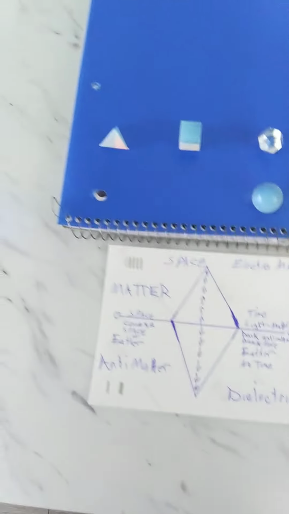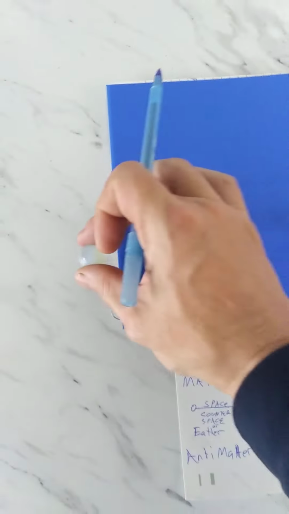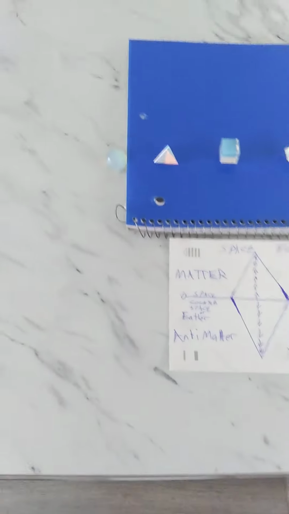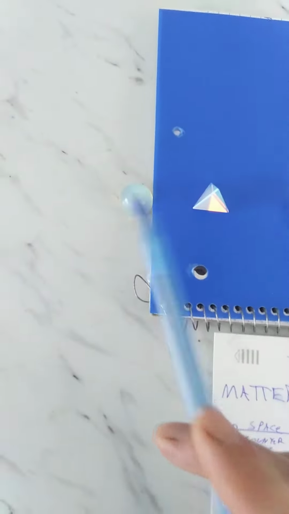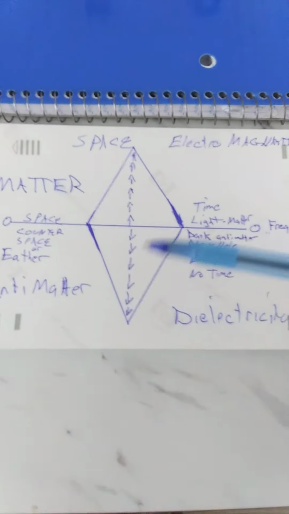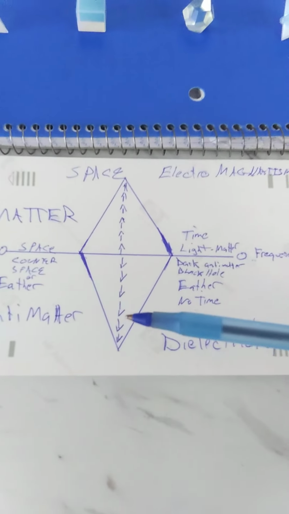what's going on is when you take your sphere and place it before the tetrahedron, this would represent your counter space, or your dielectricity, or your antimatter. This is the pure potential where everything is emanating from.